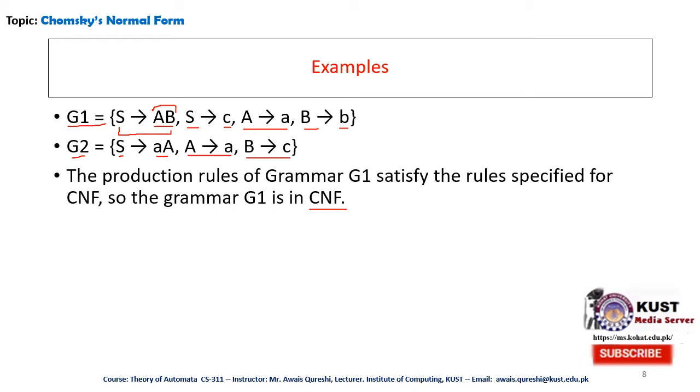Similarly, a non-terminal symbol is ending in a terminal symbol. S is a non-terminal and C is a terminal. Similarly, A is a non-terminal and it is ending in a terminal. Similarly, B is a non-terminal and it is ending in a terminal. So we can say that the first grammar is in Chomsky's normal form.